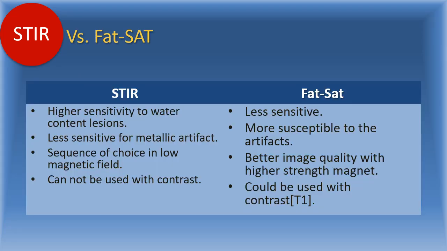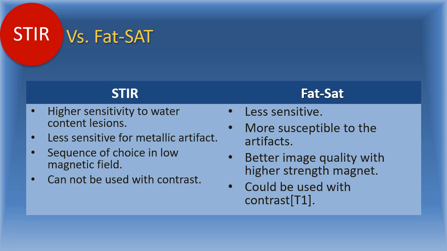This table shows the main differences between STIR and the fat set technique. As we have mentioned before, STIR has a high sensitivity to lesions with water content, so it's very important in musculoskeletal imaging, especially for detecting bone marrow lesions. If we have the same case imaged by both STIR and fat set sequences, you will find the lesion more obvious and clear on STIR, while it's less clear, and sometimes you will not find it at all, on the fat set technique.